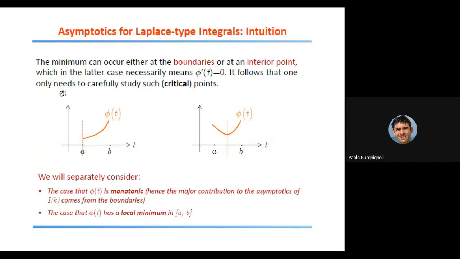So we will start with the simple case, the case when phi is monotonic. The major contribution to the asymptotics is expected to come from the endpoints, either A or B, depending on the function phi. Let's see how to proceed.